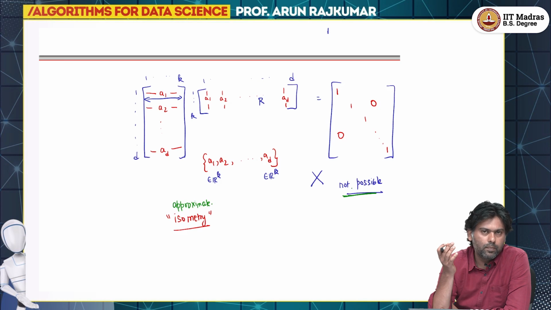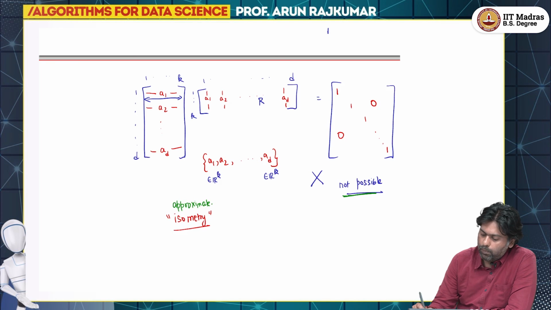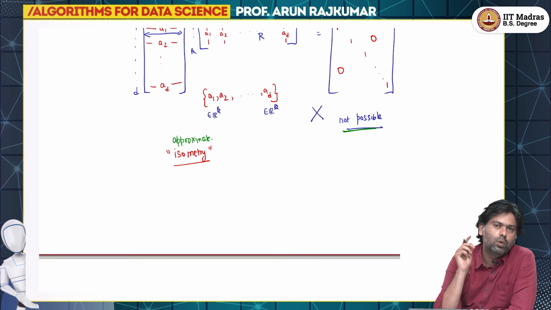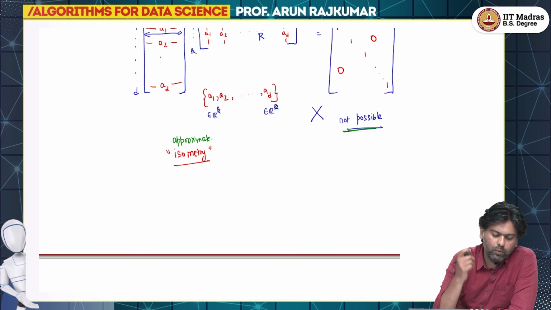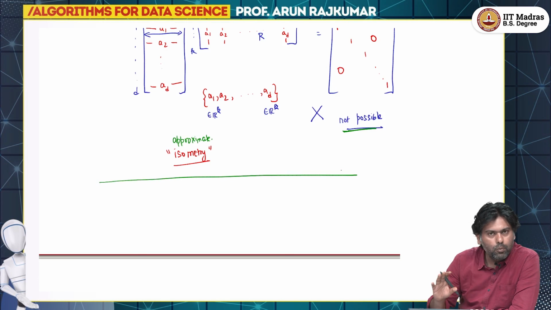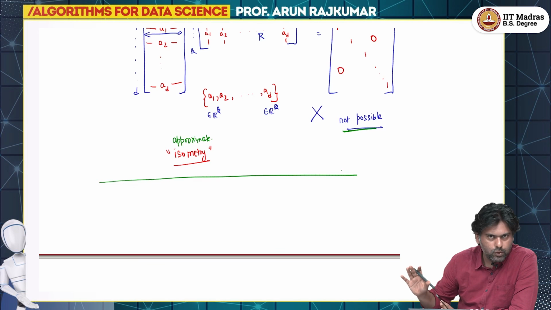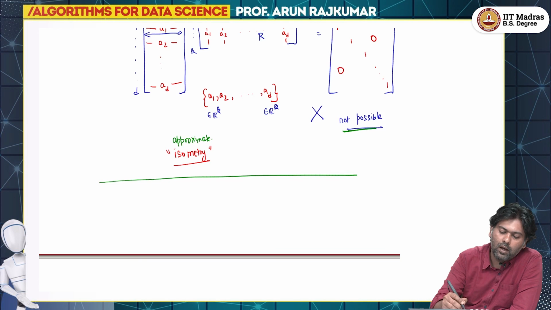On the other hand, what we are going to do is use the power of randomization to come up with a matrix R, right. We are not going to worry about isometry, which is very hard to get, in fact impossible to get.